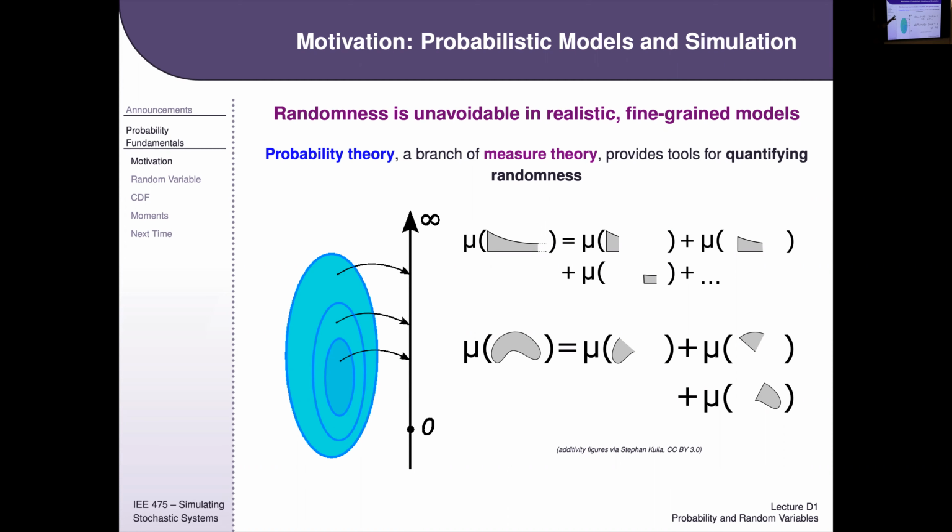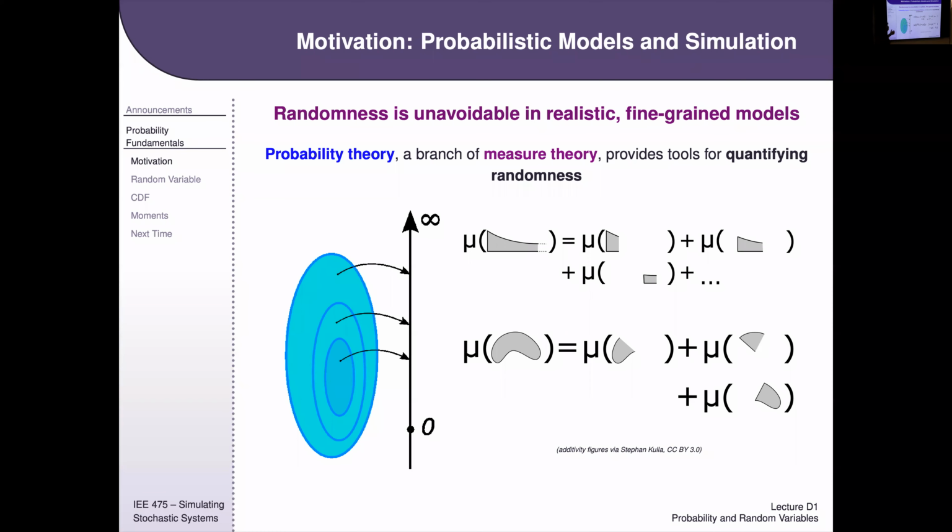And probability theory is a subset of a branch of mathematics called measure theory. And measure theory is a branch of mathematics which develops these things called measures. This little mu is an example of a measure, which effectively assigns weight to sets.